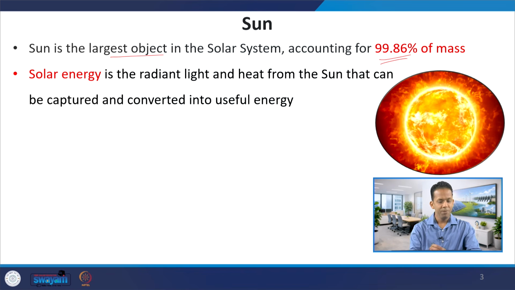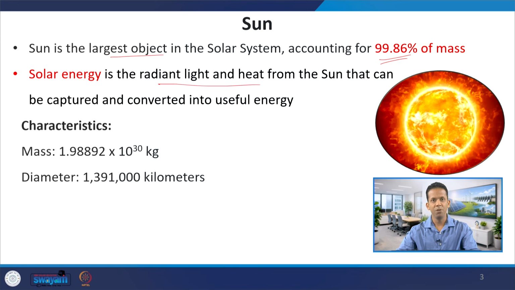Solar energy is the radiant light and heat energy which comes from the sun, and it is this radiant heat and light which can be captured and converted into useful energy with respect to earth. The characteristics of the sun: it's a sphere made of gases, and it has a mass in the range of 10 to the power 30 kg.